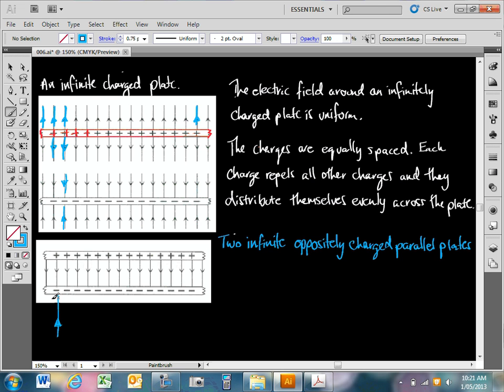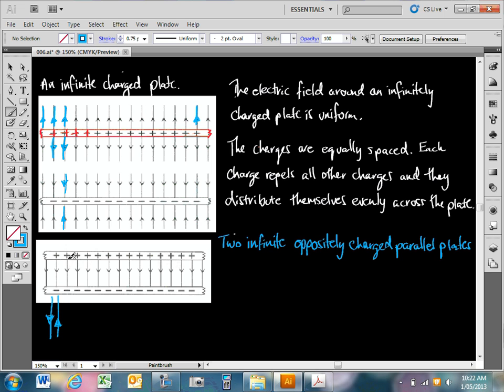The electric field on the outside on this side of the plate due to that positive charge looks like this. Okay? The electric field due to this negative charge looks like this. And the electric field due to this positive charge here looks like this. Because theoretically, the electric field due to a charge goes off into infinity, doesn't it?